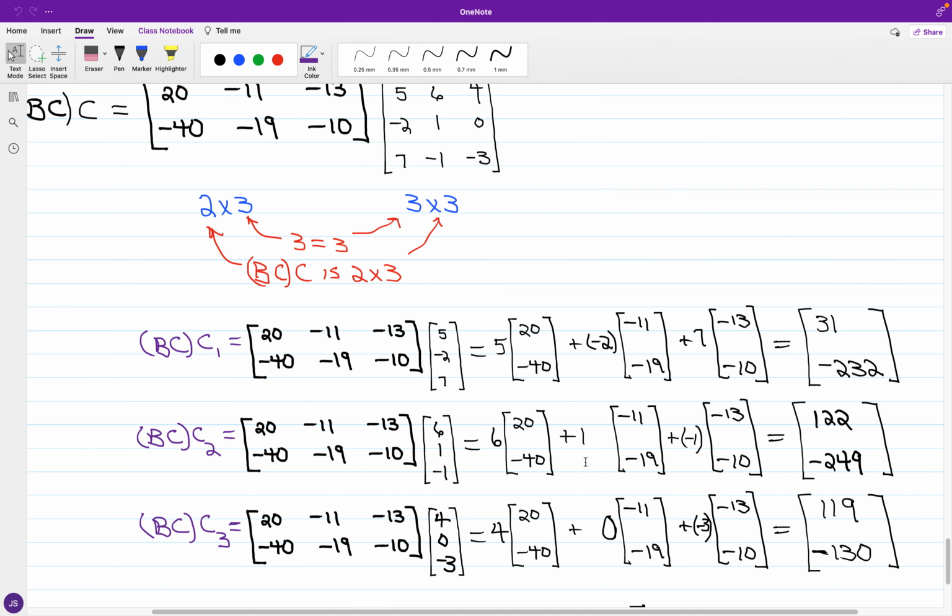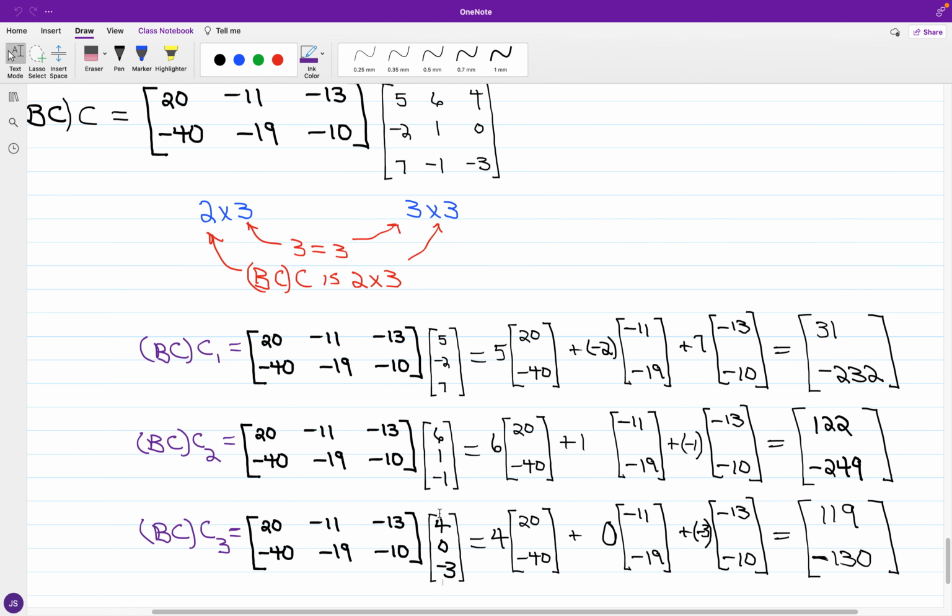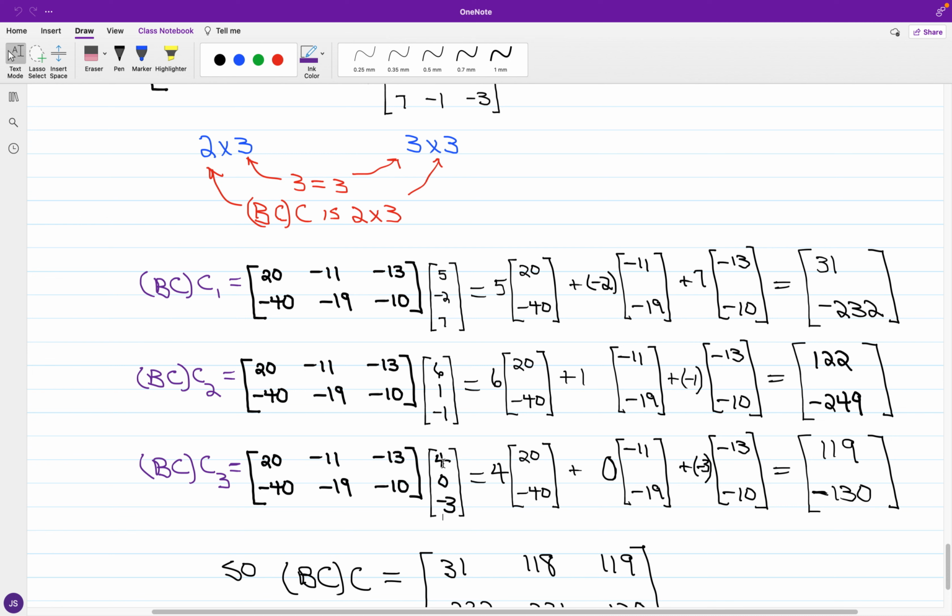And we have with the last column from C, okay, so you have 40, negative 3, letting that be respectively x of 1, x of 2, x of 3. And again, we have a of 1 at 20, negative 40, again, a of 2, still negative 11, negative 19, and a of 3 we have negative 13, negative 10.